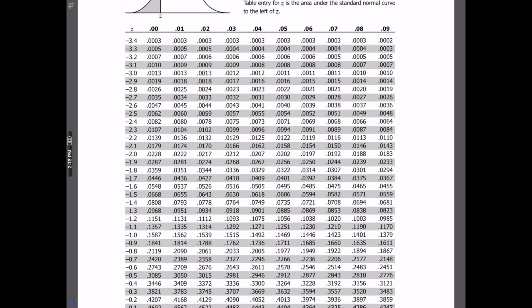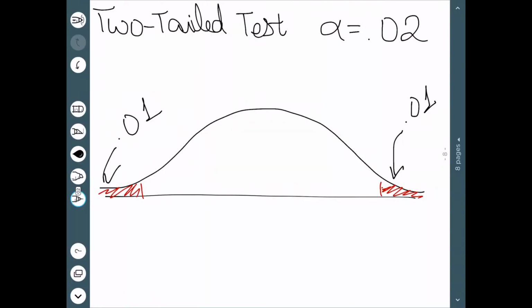Going back to my normal table and finding 0.01 in the center of the table, the closest I can get is 0.0099, and that's negative 2.33. That tells me that the critical value on the left is negative 2.33. And because of symmetry, I can now say that the critical value on the right is positive 2.33.